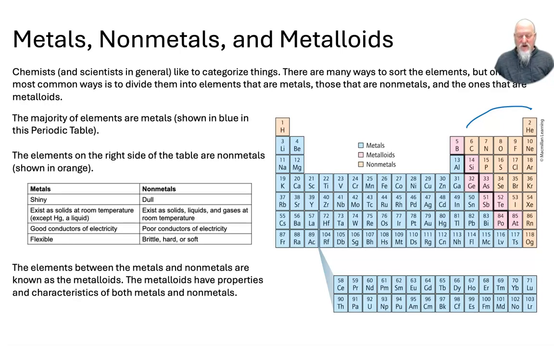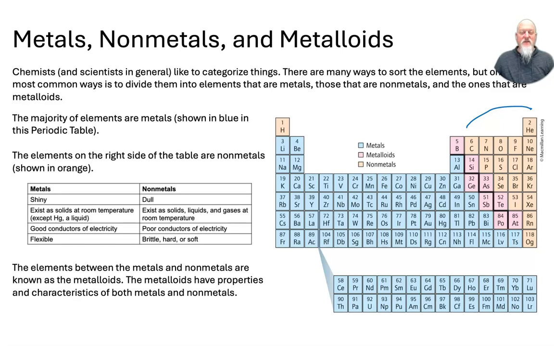A lot of them are gases like helium, neon, argon, krypton, xenon, chlorine, fluorine, oxygen, nitrogen. Those are all gases at room temperature. Sulfur is a yellow solid. Chlorine's kind of yellowish green gas. Bromine is kind of a purplish brownish liquid. Iodine is a purplish brownish solid. So they're all kind of unique properties.